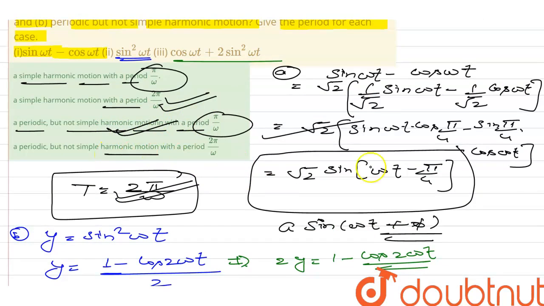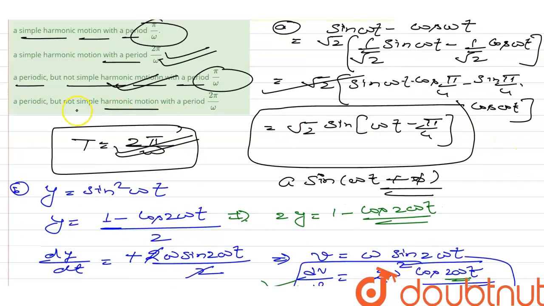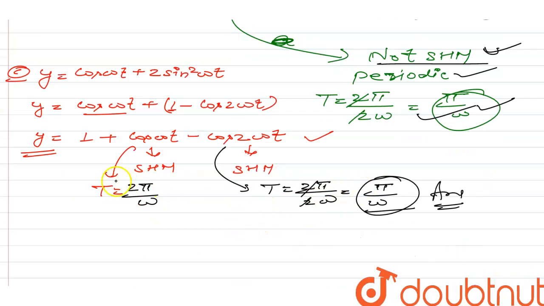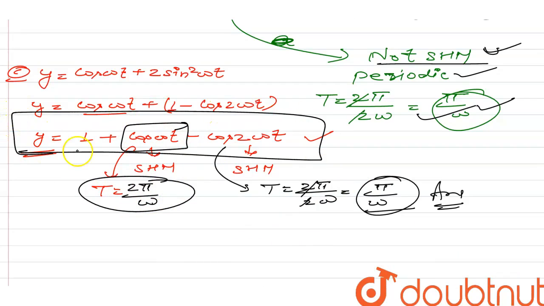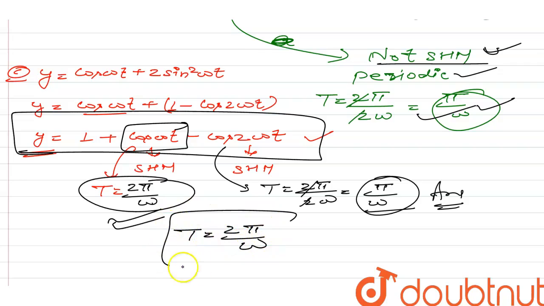Now the next option is periodic but not simple harmonic motion with 2 pi by omega. The time period 2 pi by omega is only for one term. But for the complete equation, the bigger time period will be of this equation, so the time period of this complete combination will be 2 pi by omega, and this is not a simple harmonic motion.